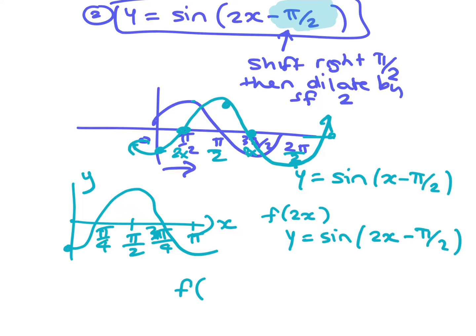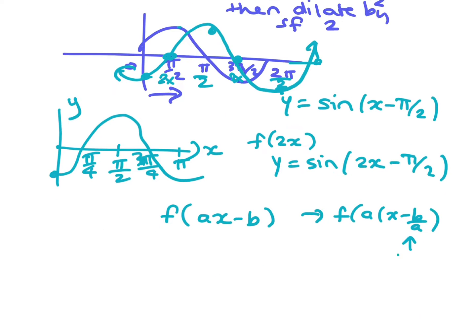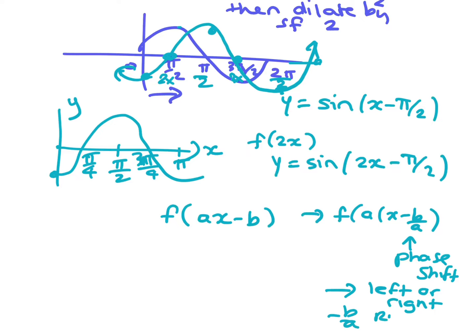So two ways when you've got this. You could, first of all, factorise the a out. And in a trig function, that would be your phase shift. And it shifts it left or right, depending on its sign. And it's the opposite. So if it's minus b on a, it has to go right b on a.